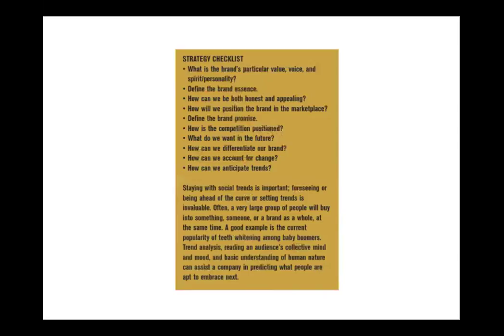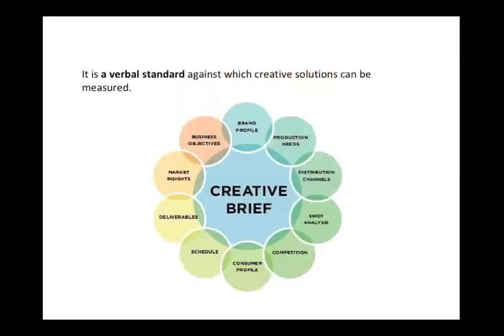How can we account for change? How will this brand change? Is it flexible enough to change in the future? How can we anticipate trends? You know, thinking ahead of time, and it's hard to do because we don't know what the trends are going to be sometimes. So really trying to have that foresight. So it's a verbal standard, the design brief, against which creative solutions can be measured.